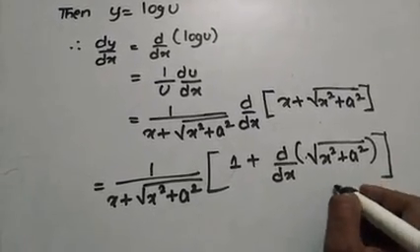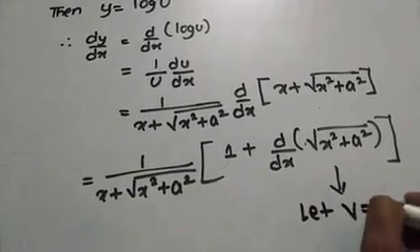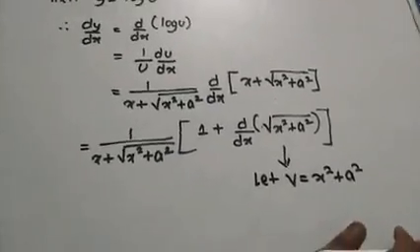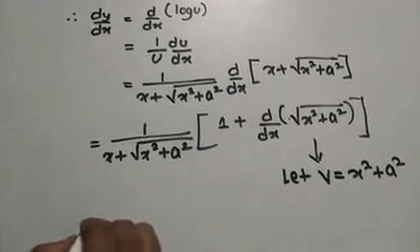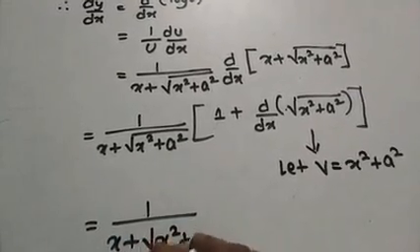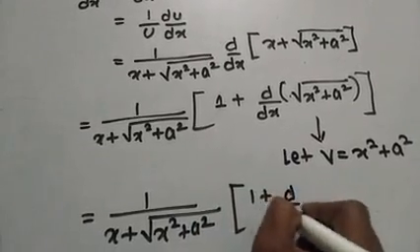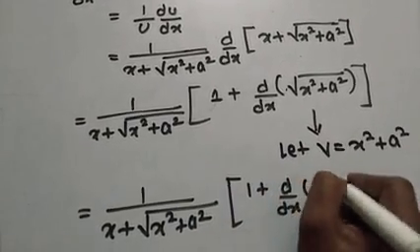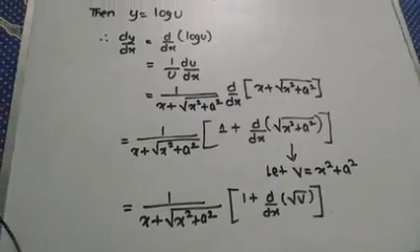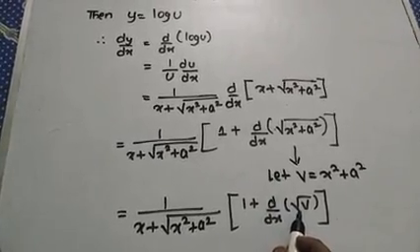What we'll do, first of all, for this particular part, we will assume let v equals x square plus a square. So the expression becomes 1 plus d dx of root over v, and we know the differentiation of root over x, so we'll use that here.